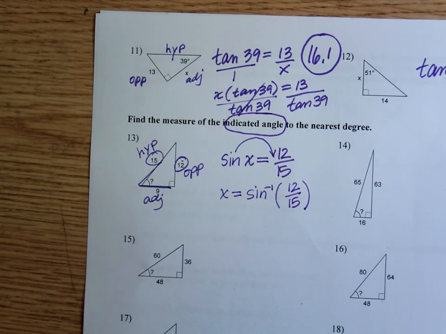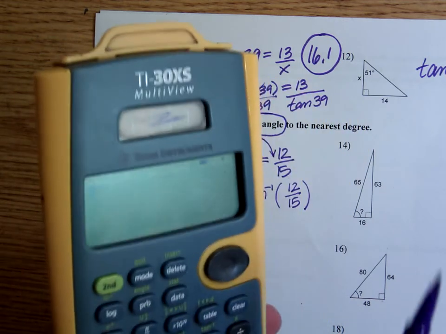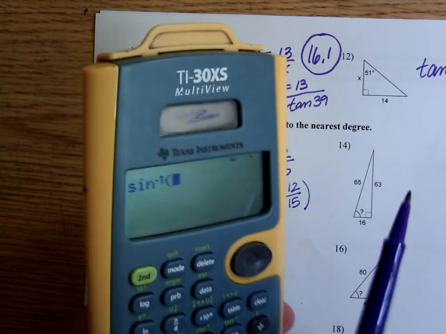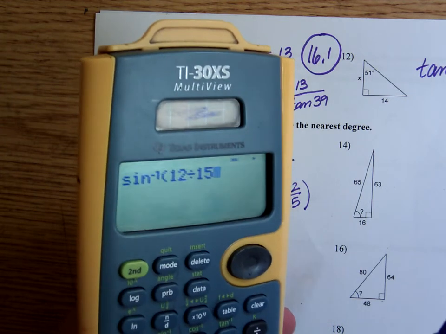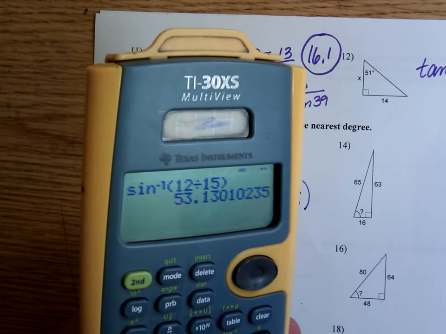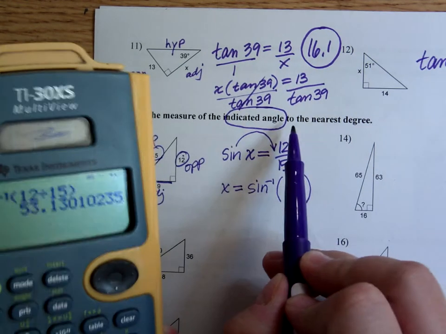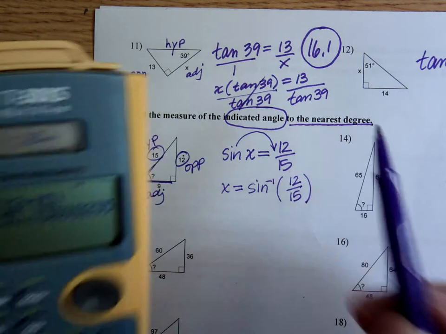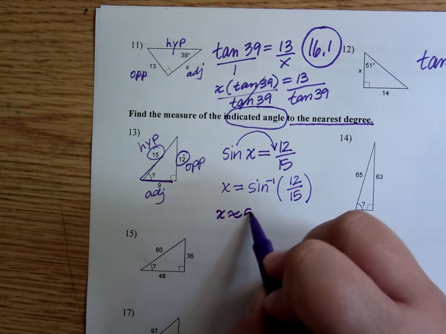This is the only type of problem where I do that, if I'm finding the angle. So I type inverse, which means second sine, inverse sine of 12 divided by 15. And that gives me 53.13. Usually we do the nearest degree, which means a whole number of degrees, so that'd be 53 degrees. So x is 53 degrees.